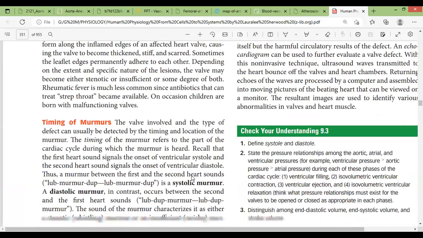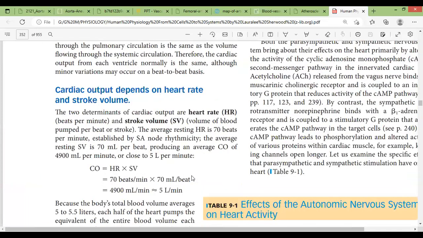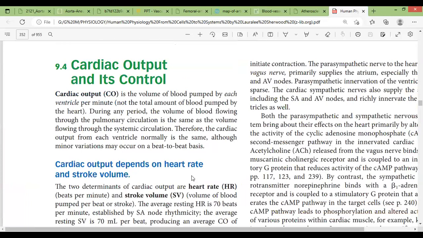Who can say something about cardiac output? What is cardiac output? In what condition is cardiac output altered? What can we do about cardiac output? Anything you know about cardiac output? So cardiac output is the volume of blood pumped by each ventricle per minute.